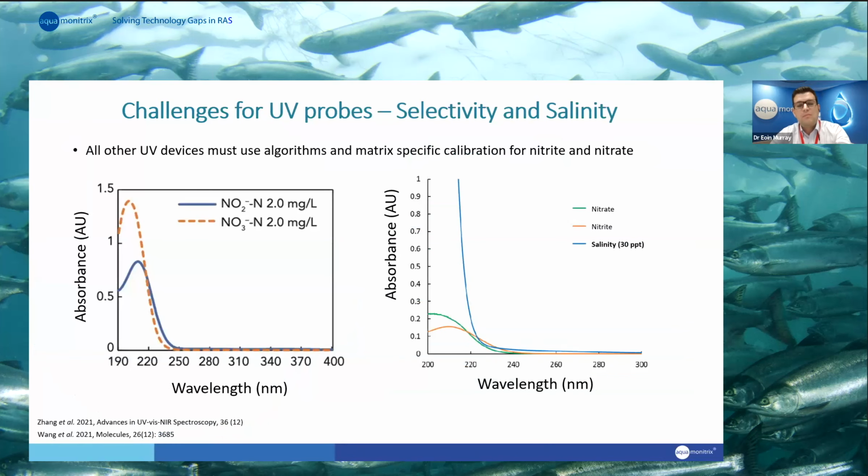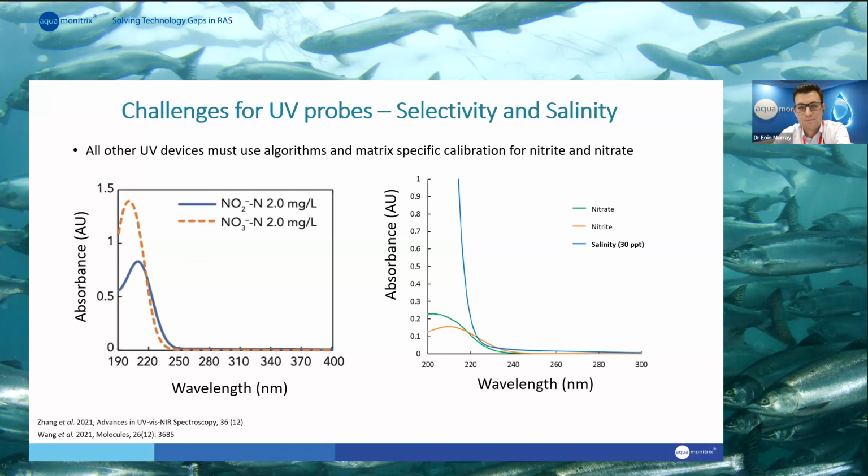Looking in more detail at the issues associated with direct UV measurement and using UV probes for nitrate and nitrite, the key issue is around selectivity. If we look at some absorption spectra for nitrite and nitrate, we'll see that both NO2 and NO3 absorb within the same UV region. So using a direct UV probe, you can't discriminate directly between nitrite and nitrate. Algorithms need to be applied to get the estimation for NO2 and NO3.